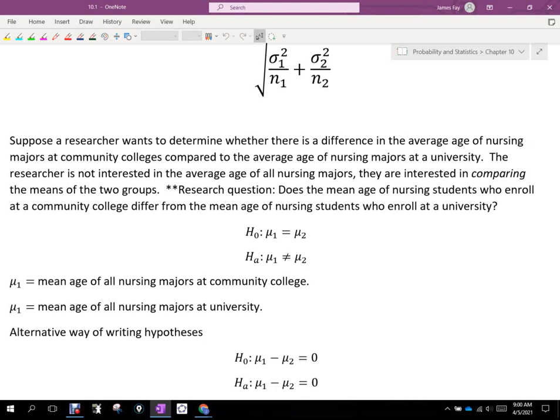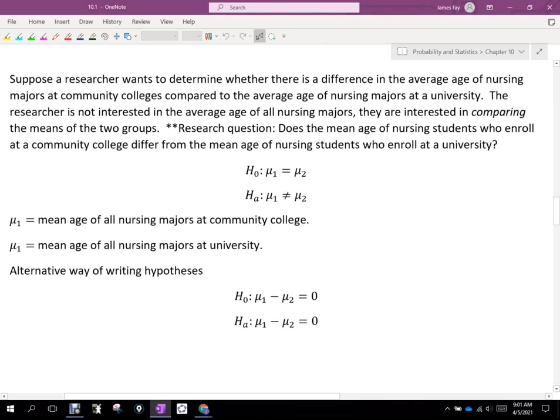If we fail to reject, they remain the same. So that's what we're looking for: are they different? First we say no, they're not; that's our null hypothesis. We need data to show us that they may be different. The alternative hypothesis is the complement of that. Does that make sense to everybody?